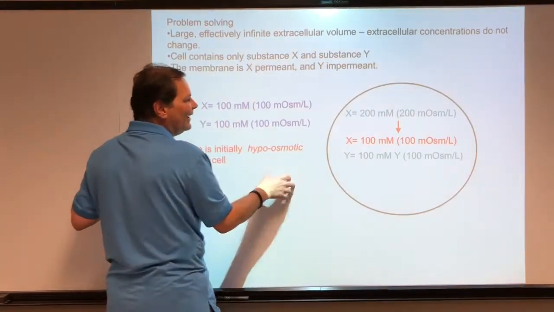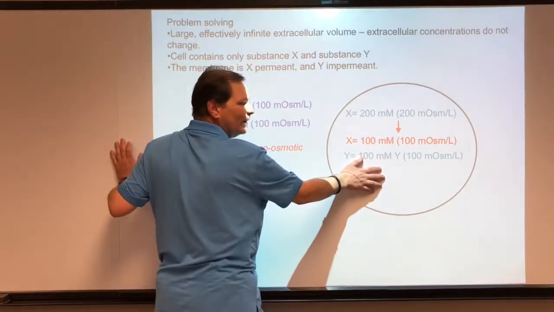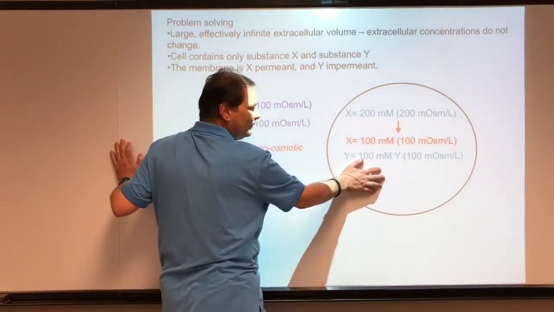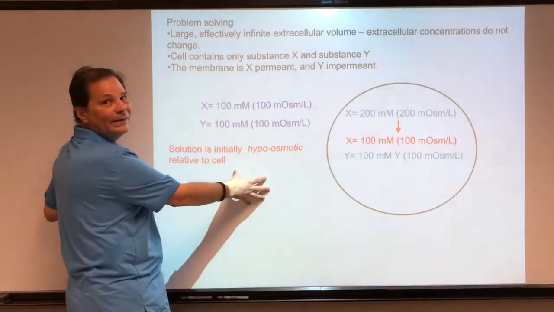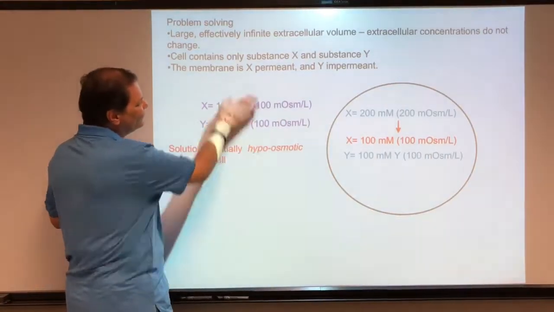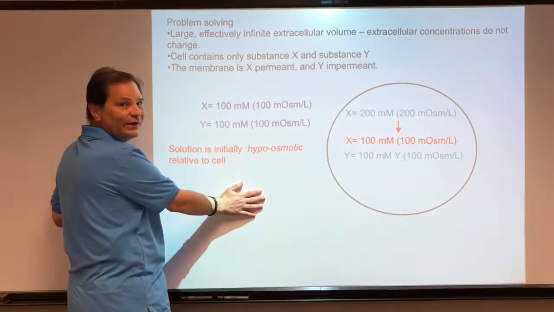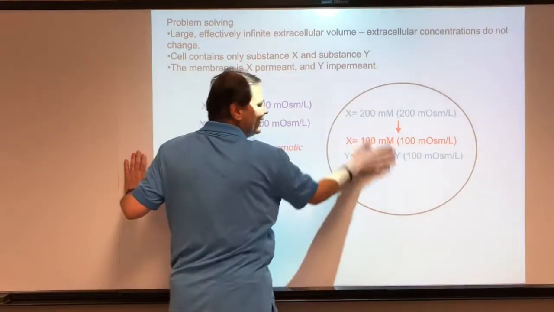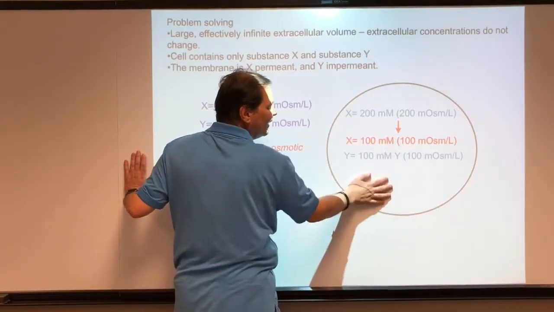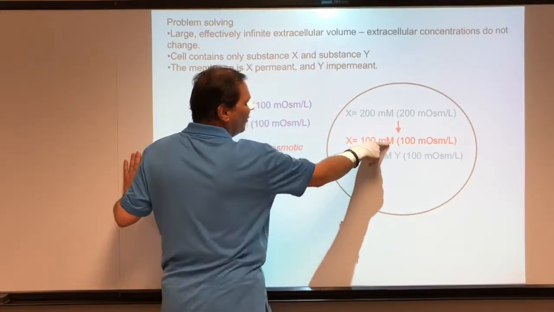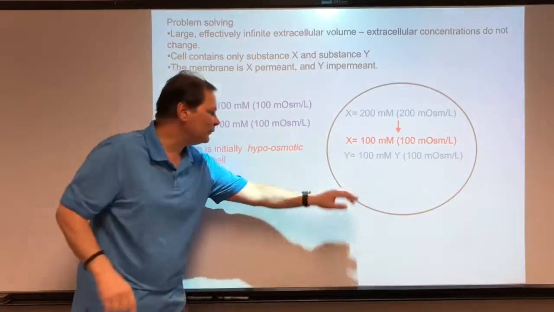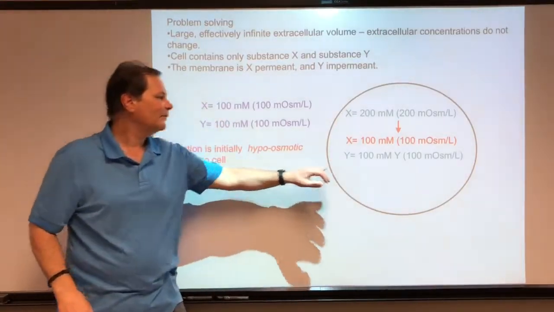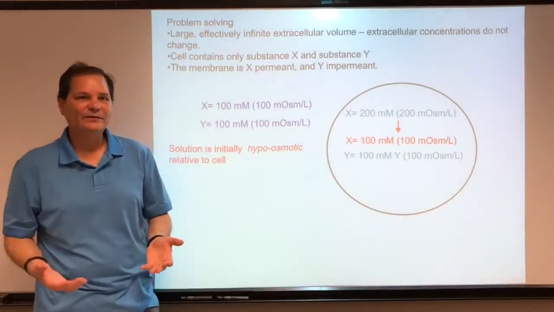Well, that little bit of X makes a big difference in here when you're talking about picoliters of water. It makes almost no difference here when you're moving it into a liter of water. So this concentration effectively doesn't change. It's constant. And the only changes that you get in this problem are inside the cell. So you get a drop all the way down until X is the same inside and outside the cell. X moves across the membrane from inside to outside until it's the same concentration.